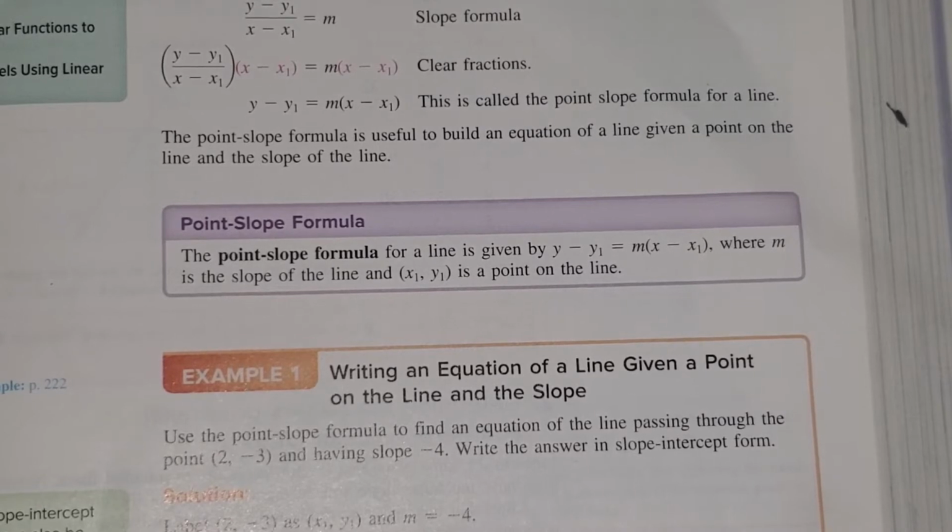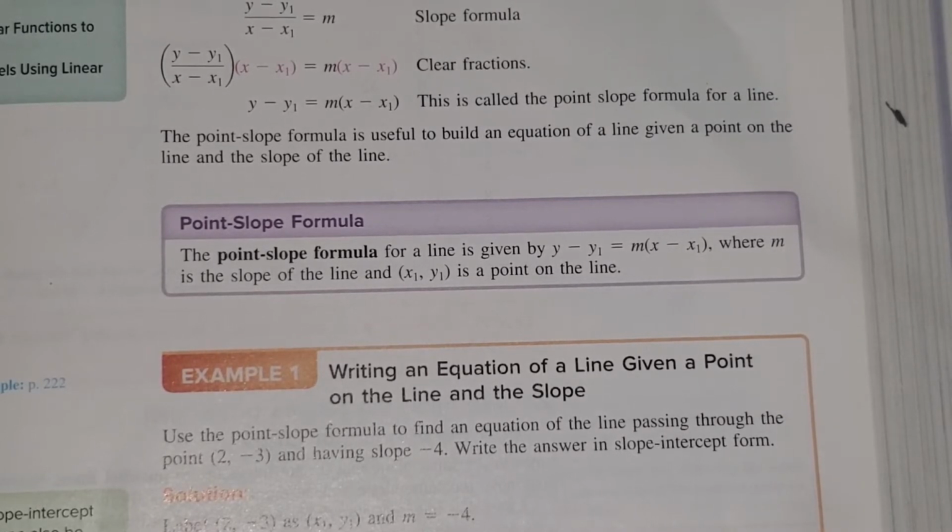Or they might give you a point and say that the slope is undefined, which again, your mind should go to the fact that all vertical lines have an undefined slope. Or they can just say find the equation of a horizontal line, and that automatically says you're going to use the other formulas, either y equals c or x equals c.